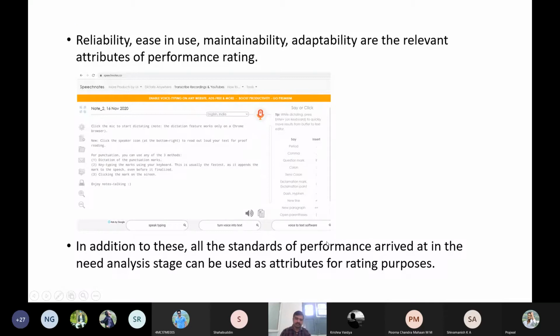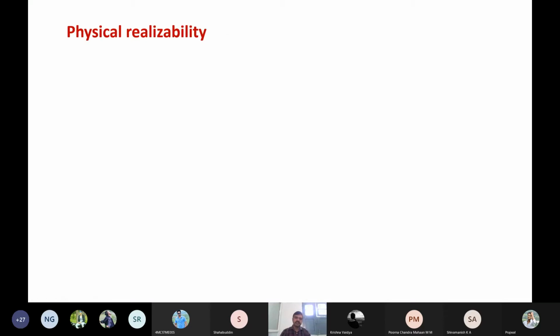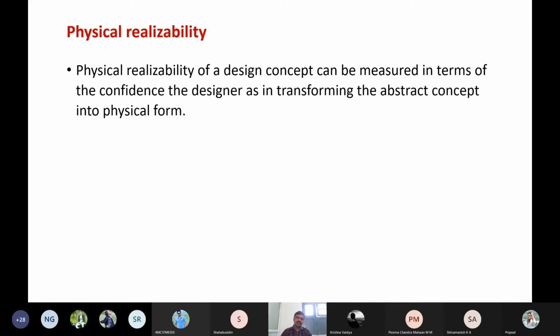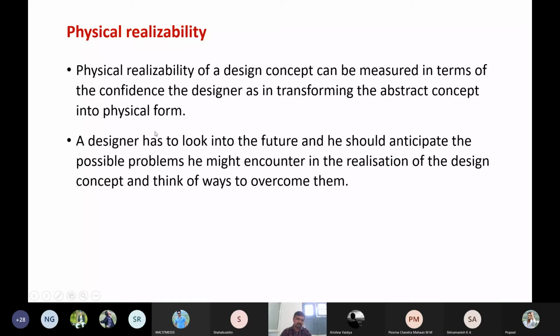Next, physical realizability. This is one of the criteria for eliminating the unworkable or not feasible designs. Physical realizability of a design concept can be measured in terms of the confidence the designer has in transforming the abstract concept into physical form.